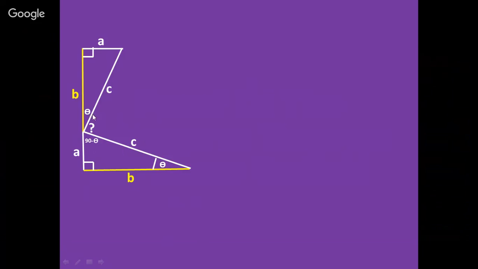This is theta, this is the unknown angle, and this is 90 minus theta. This whole is equal to 180 because we have a straight line. So let's write theta plus 90 minus theta plus this unknown angle is equal to 180.